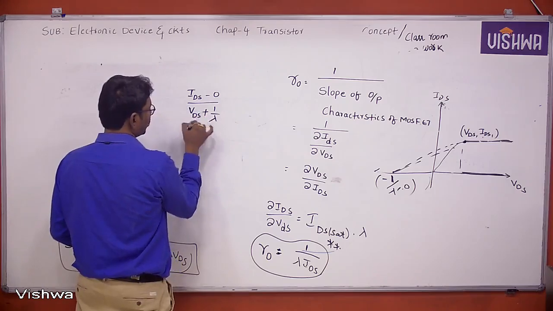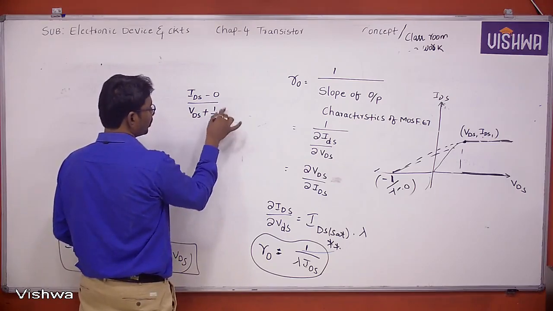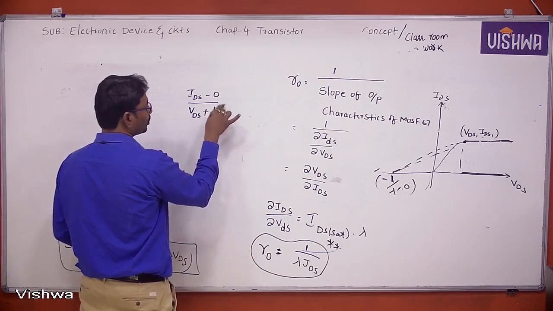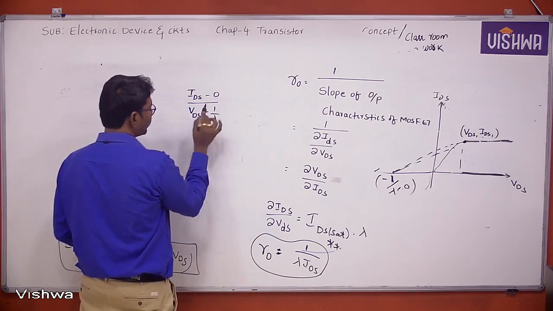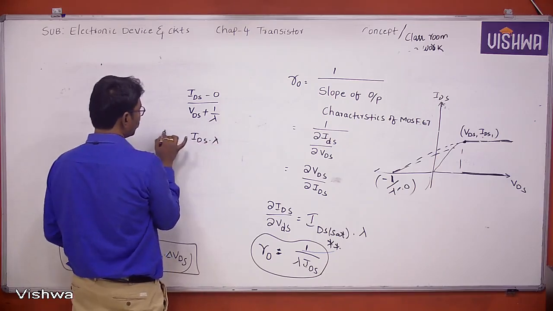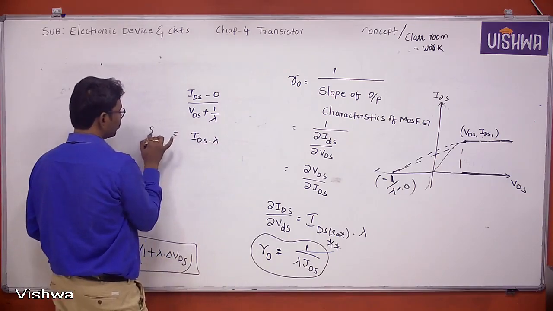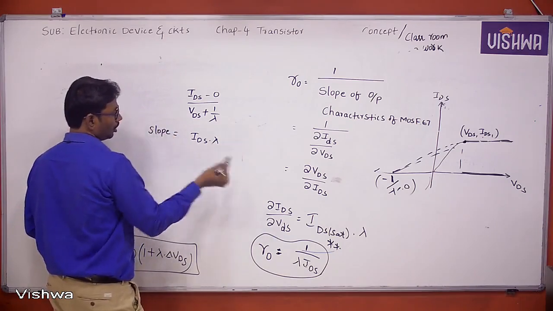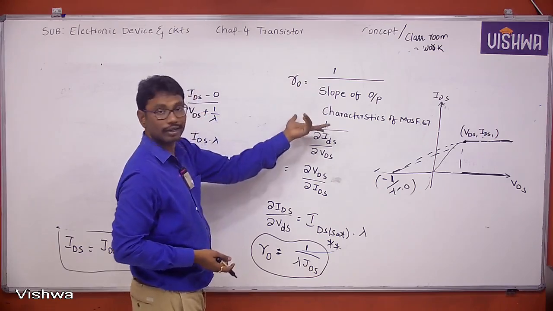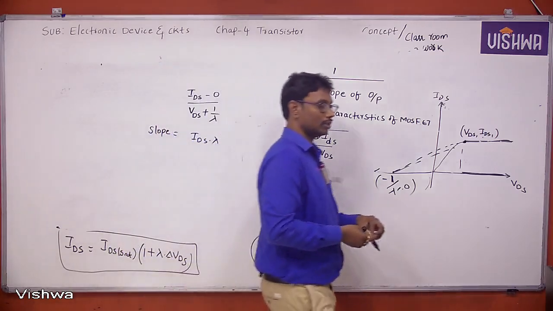This VDS is a very small value compared to the early voltage, since 1 by lambda is the early voltage, so we can neglect VDS. Then slope is IDS into lambda. Now substitute this slope, then simply it is 1 by lambda into IDS. You get the same.